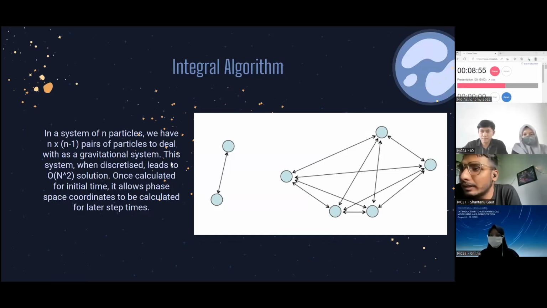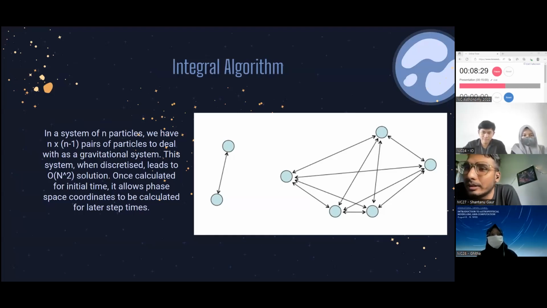In our particular system, as I've said, gravitational force acts in pairs, so it's independent of the presence of other pairs in the system. What we mean by that is that the superposition principle is followed. As you can see on the image, if we have 5 particles, each particle interacts with the other 4 particles.